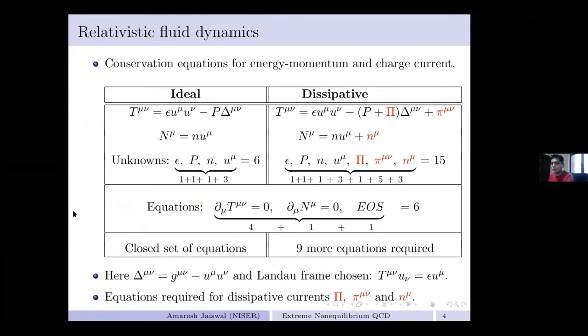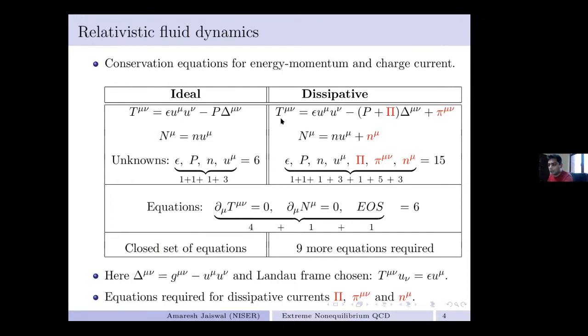And the hydro equations that we use. In this table, I compare ideal versus dissipative hydro. Ideal hydro equations are closed along with the equation of state, with 6 unknowns. The equation for the dissipative part is written in Landau frame, which means that the dissipative correction to T mu nu is orthogonal to u mu.